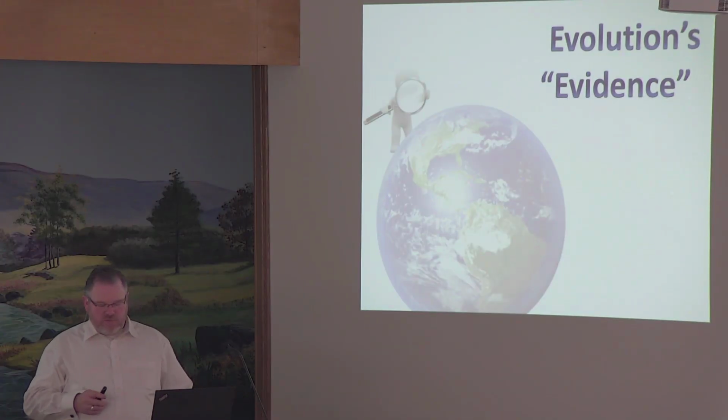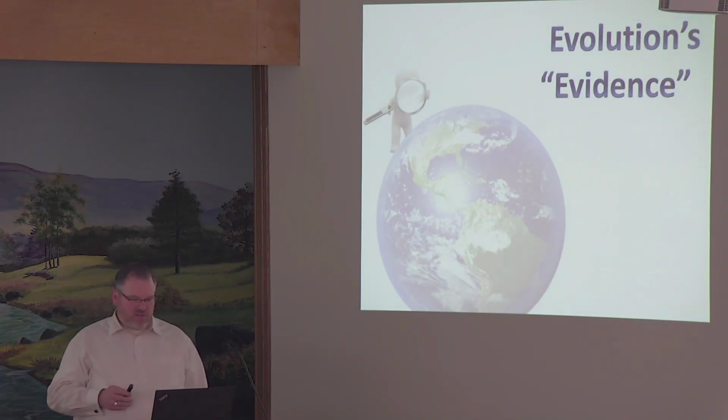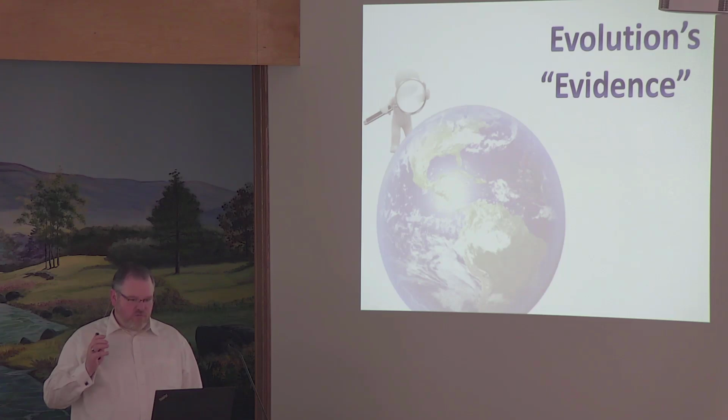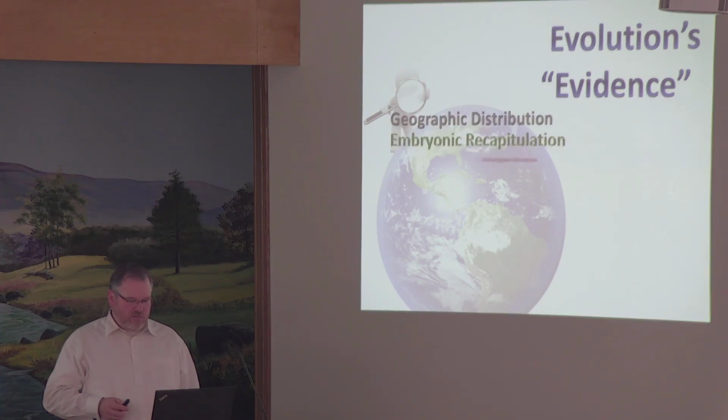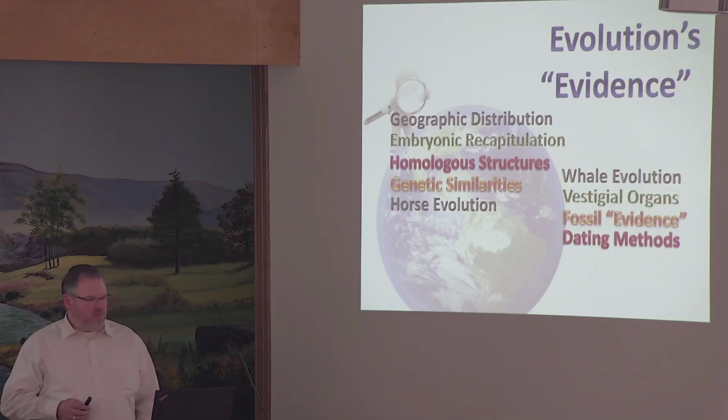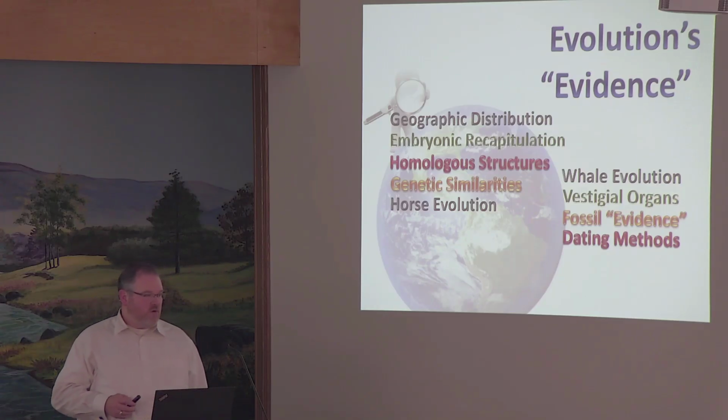But again, for a theory to be scientific, it needs evidence, and they believe they have that. So if you were to ask a Darwinian evolutionist, where is the proof for Darwinian evolution? You're probably going to hear a discussion of some or all of these alleged proofs of evolution. So young people, your biology textbooks are going to typically have several pages devoted to this alleged evidence for evolutionary theory.